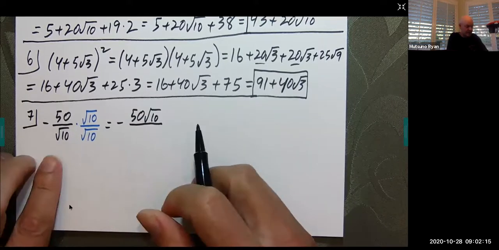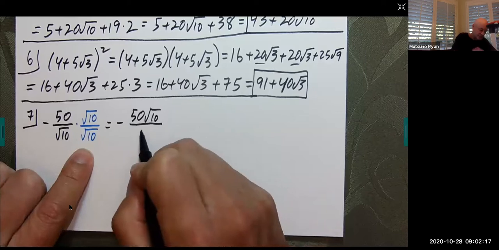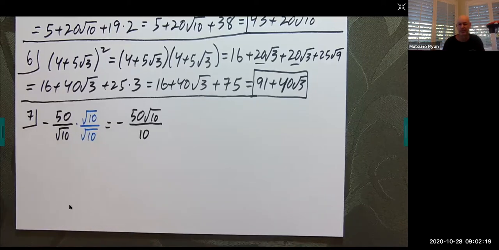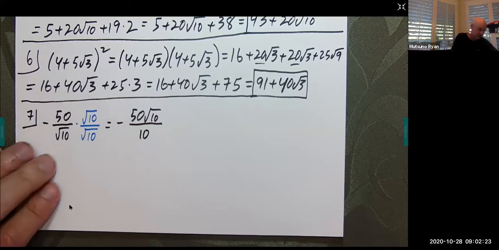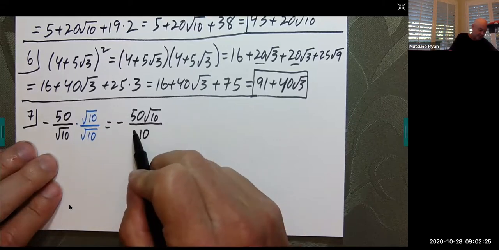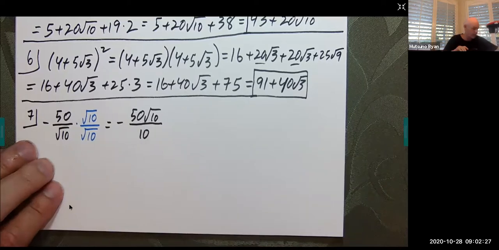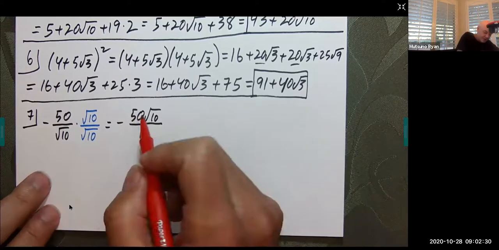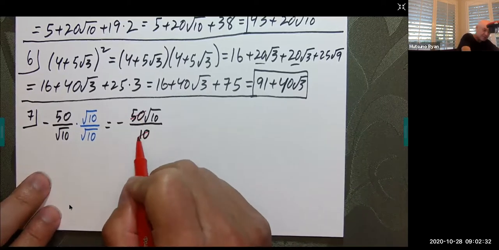Root 10 times root 10 is root 100, which is just 10. And that's the point, is we're multiplying the radical times itself to get rid of the radicals. So now the radical's gone from the denominator, and now I'm going to notice that the 50 and the 10 reduce.